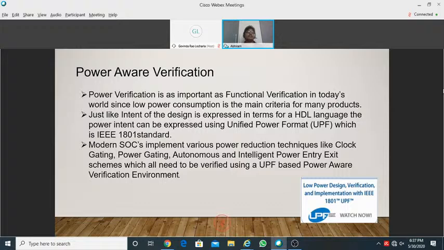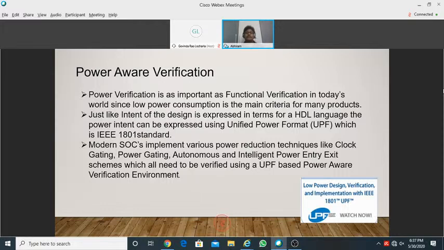And also now, to reduce power, there are a lot of techniques like clock gating, power gating, and autonomous and intelligent power entry exit schemes being designed. I've seen certain SOCs where they have a separate controller just for monitoring the power consumption, which can be called a PMIC, a power management IC, where it intelligently switches the power on and off to save power dissipation and to maintain the power numbers.